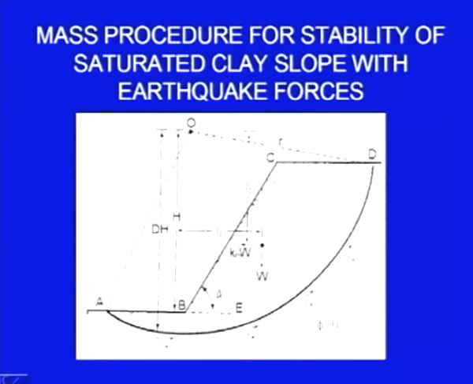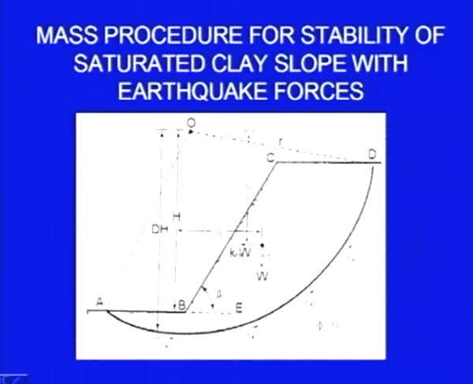So, here it is the slope, the B point is the toe of the slope, and this is a trial circle we have taken, center is O, and the CG is the CG of the mass above this failure surface, the entire mass here. Weight W is acting in the downward direction at the CG.